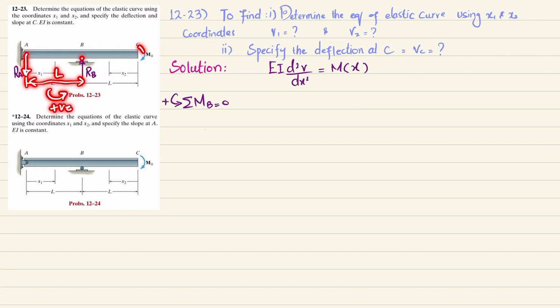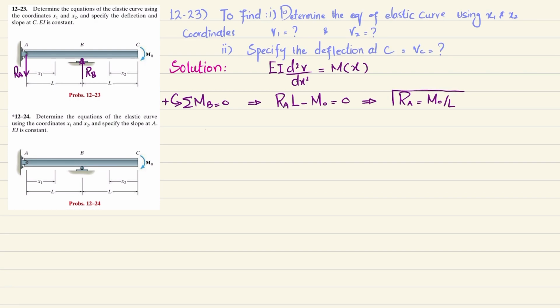The second moment is the external moment M naught, which is clockwise, so it is negative. So RA times L minus M naught equals 0. From here RA equals M naught over L. This is the reaction force at point A.